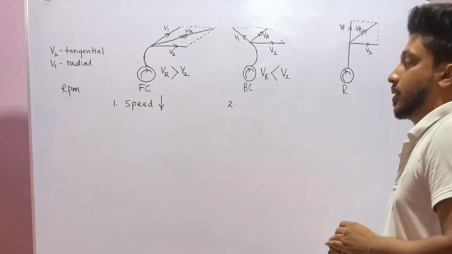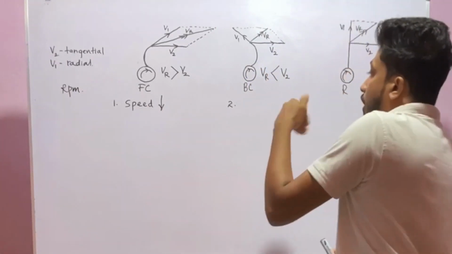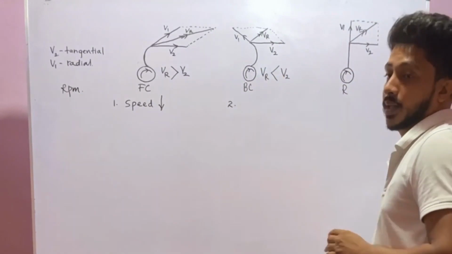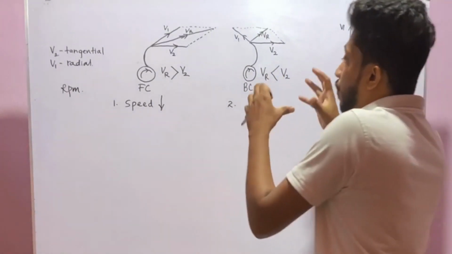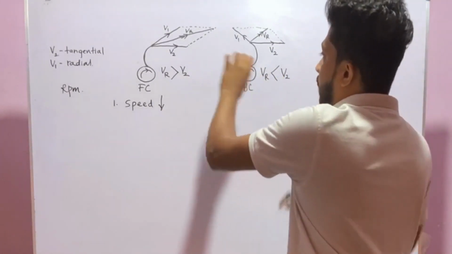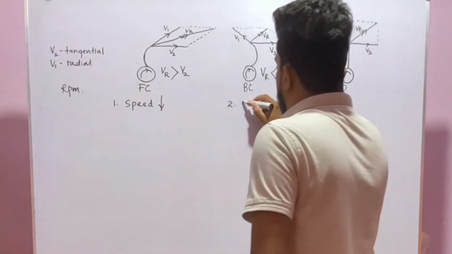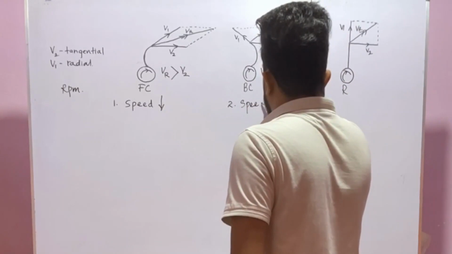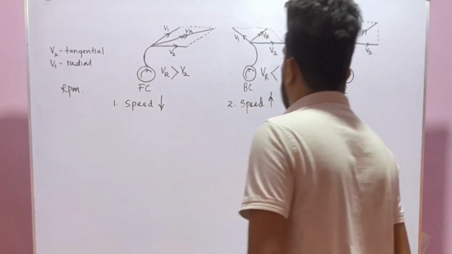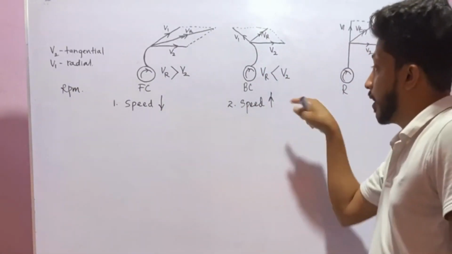So we have to speed up this backward fan in order to get the same air velocity compared to the forward curve fans. So speed is higher now. We have to speed up the fan.